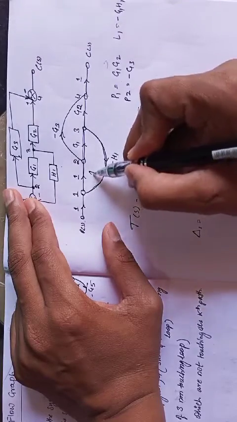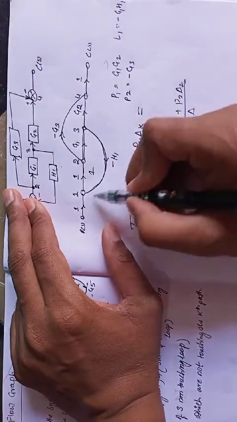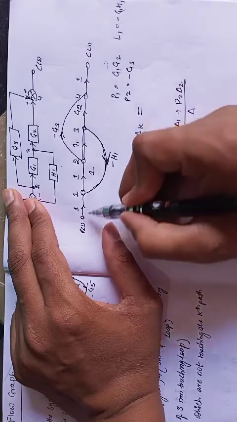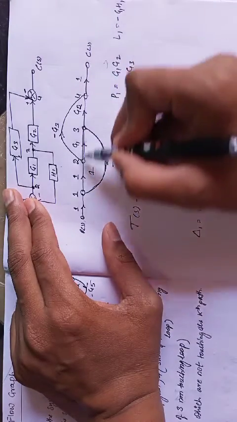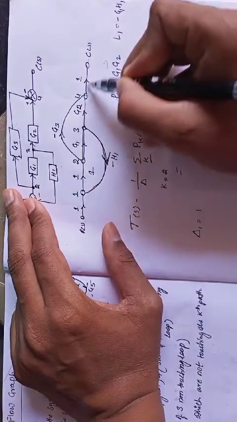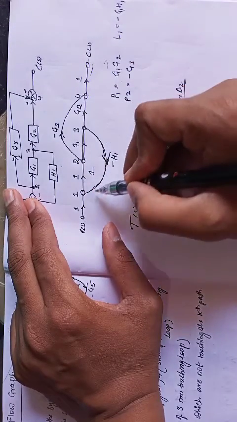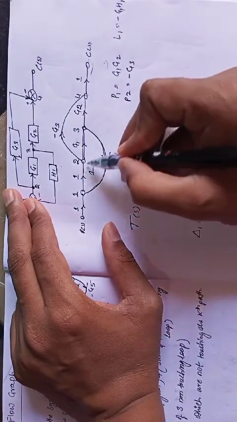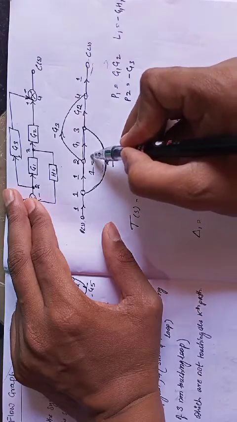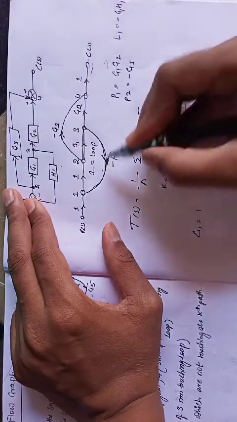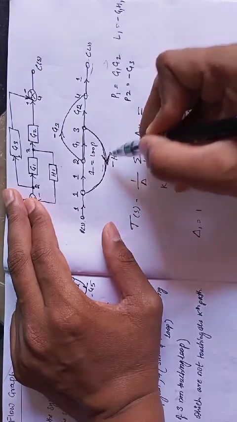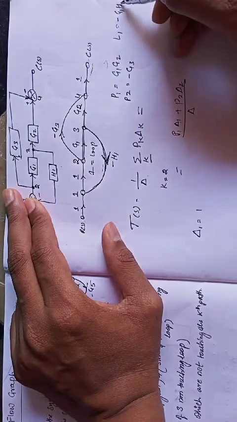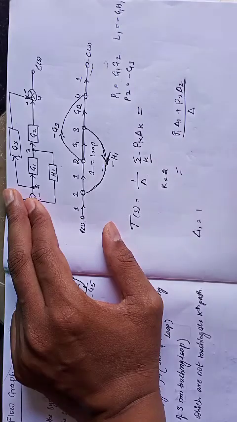This is the only loop, and it is not a forward path. We have to observe the signal flow. Forward path means from input to output it is having the same direction. Here it is reversing, which means a reverse path, and it is a loop. This is loop 1, and its gain we write as 1 into G1 into minus H1, that is minus G1 H1, the loop gain.